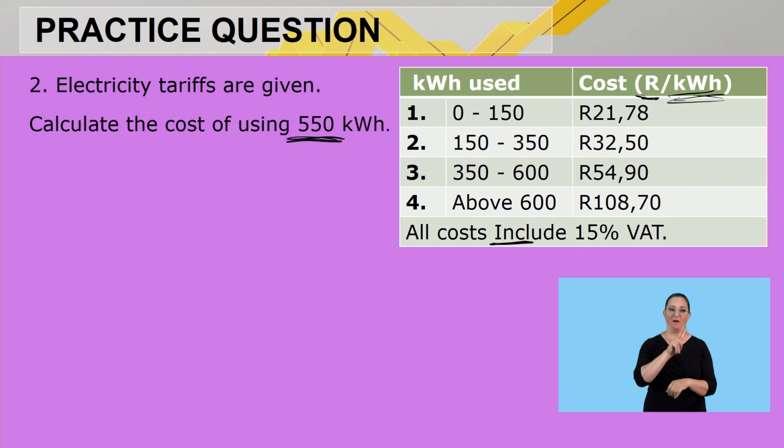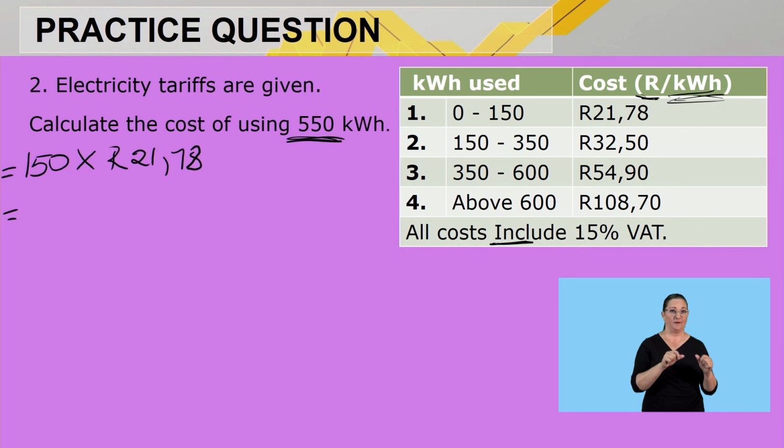So now let us work out our intervals. The first block, we are given 150 kilowatts, and this is multiplied by a cost of 21 Rand 78. So moving along to block number 2, because that's all we can take from block number 1, which is 150.